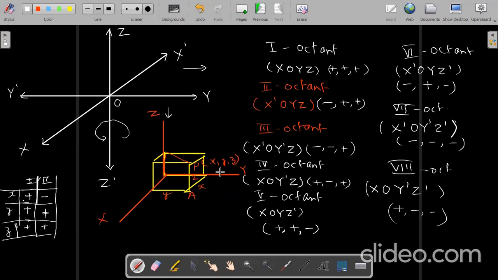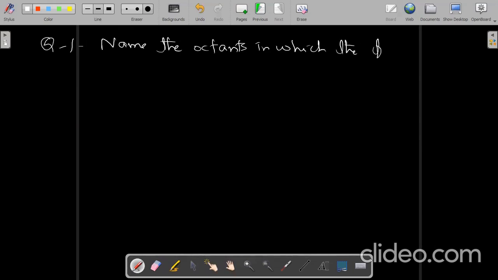So our first question is to find their location. Question number one, that extra question we are taking: name the octants in which the following points lie.